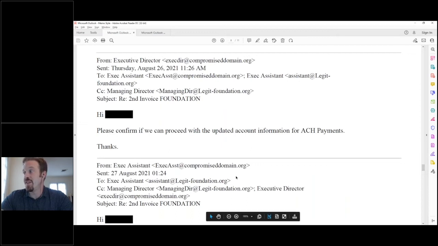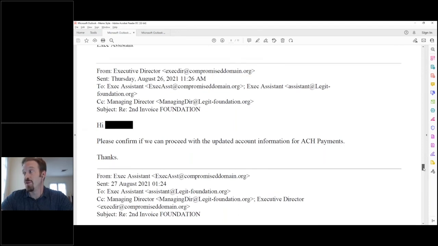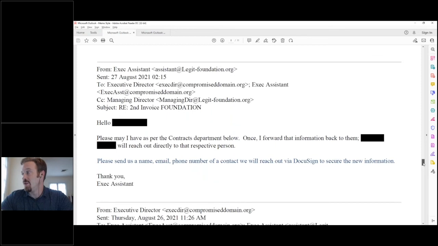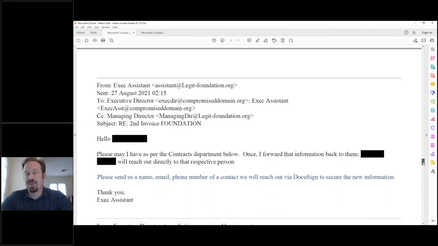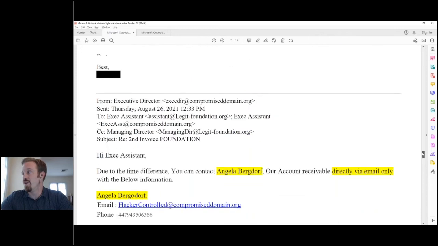And here we can see that both the executive assistant account and executive director account are compromised and they're both interacting with their foundation in order to perpetrate this fraud. So again, the foundation has some controls in place. They need a name and contact information to send the new DocuSign information.